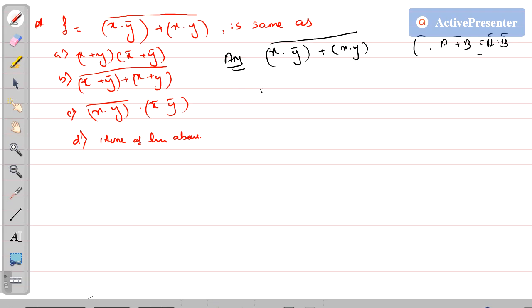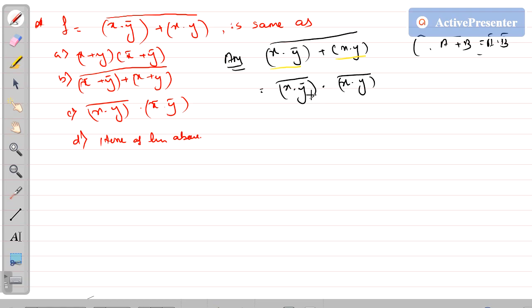If I consider this one as a and this one as b, I can write x into y bar into x dot y bar.